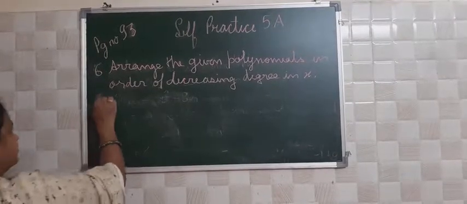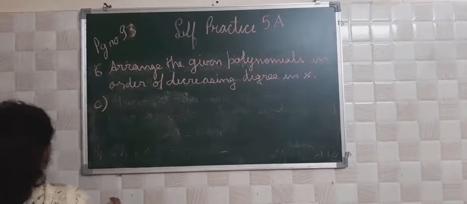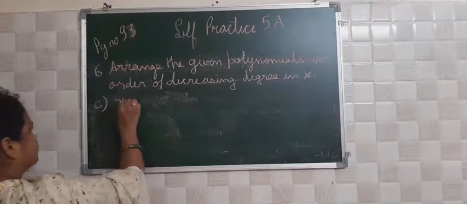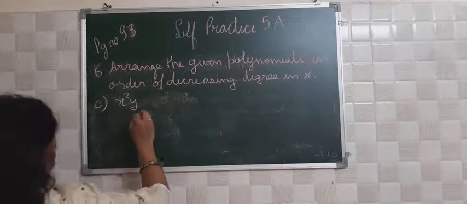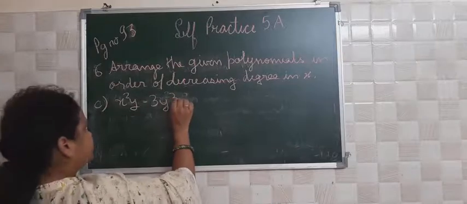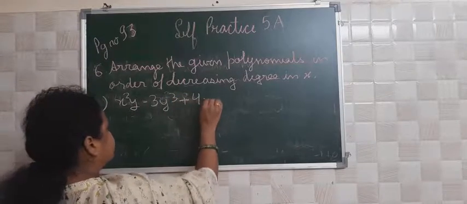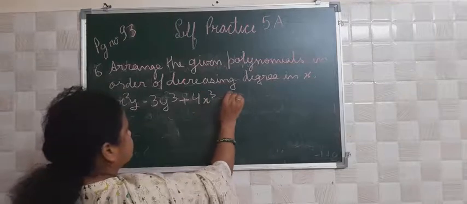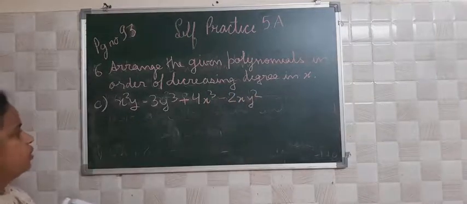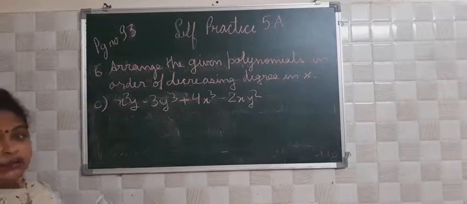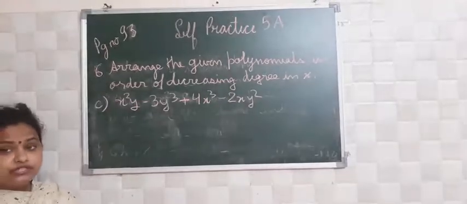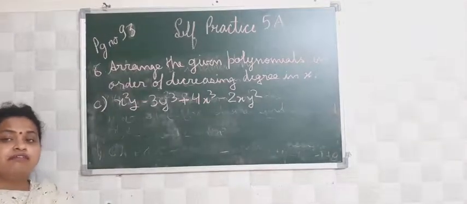Now see the C part. In C part, x square y minus 3y cube plus 4x cube minus 2xy square. Now here, don't look at y because we have to see only the power of x.